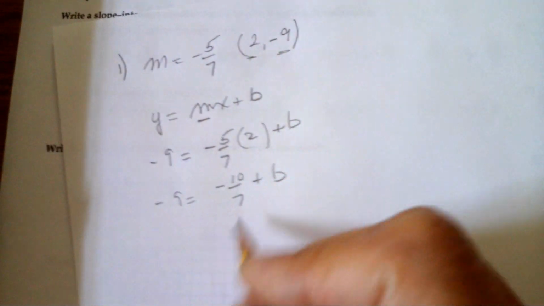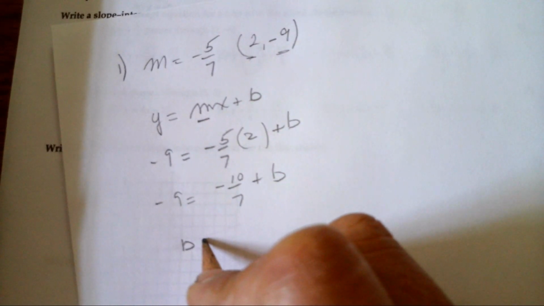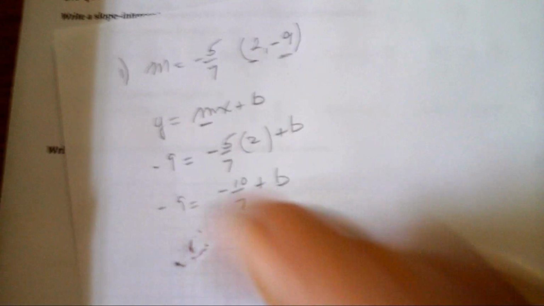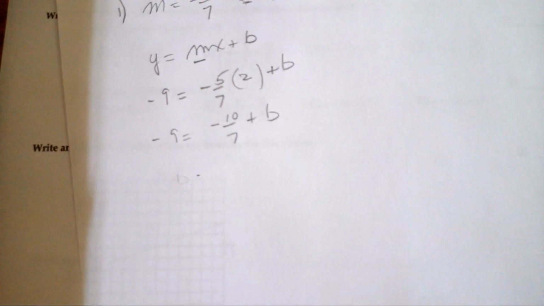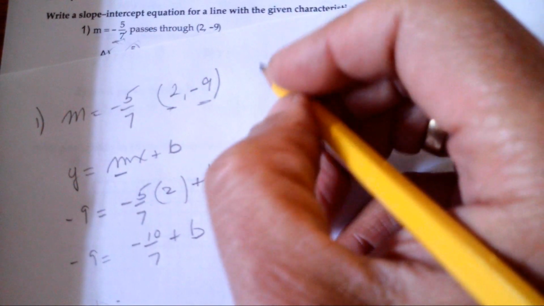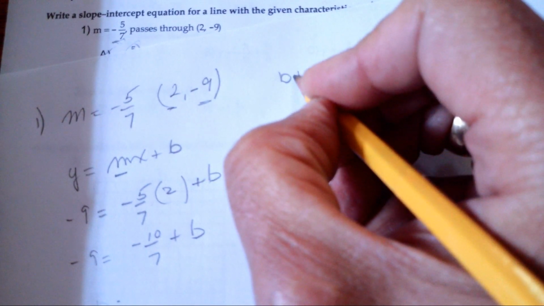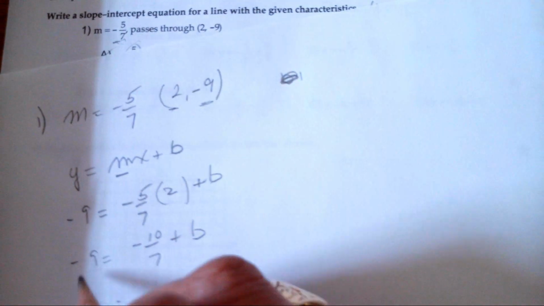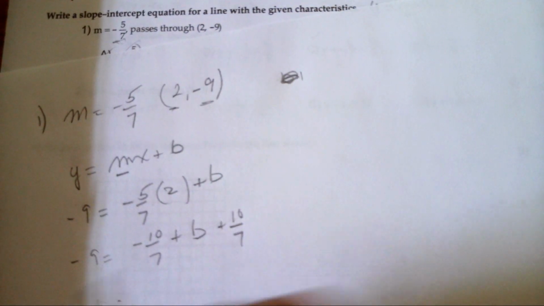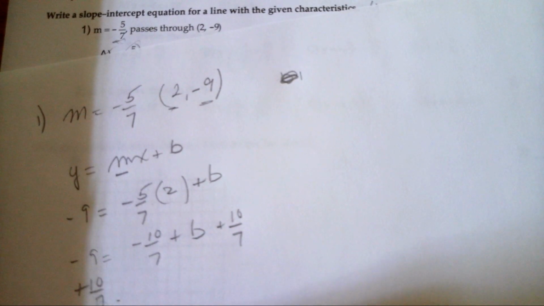I want to add now 10/7 to both sides. I'll keep it the way it is here. So I want to take and add 10/7.